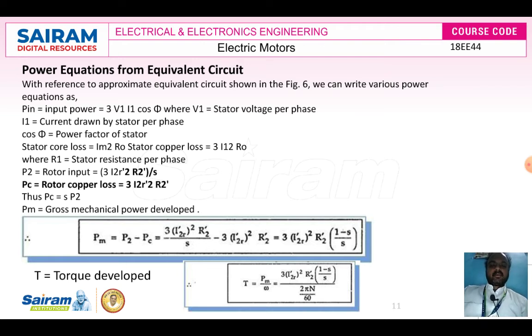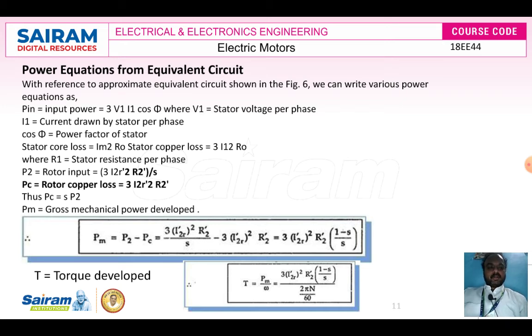Thus PC is equal to S into P2, and PM is the gross mechanical power developed, so PM is equal to P2 minus PC. If you simplify after substituting P2 and PC, finally you will get 3 I2' square R2' into (1 minus S) by S.